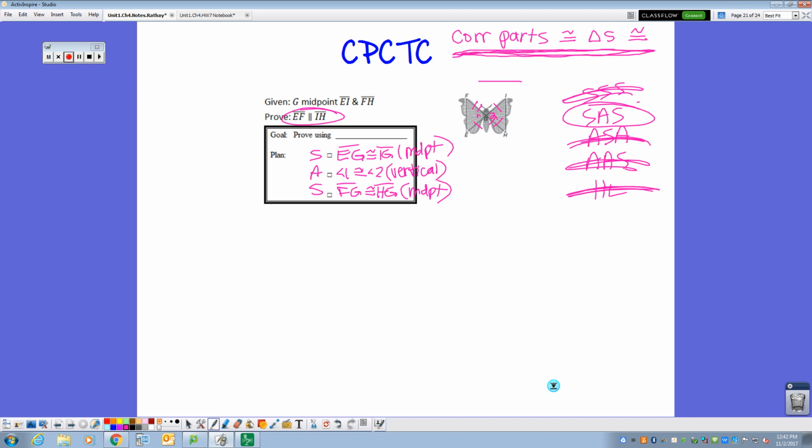This is the ticket to stealing pieces from congruent triangles. So first, our first goal is to prove that triangle EFG is congruent to triangle, and we have to make sure we name it correctly. EFG has to match IHG.